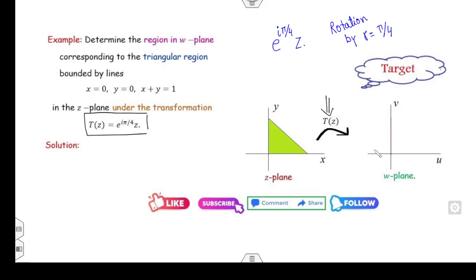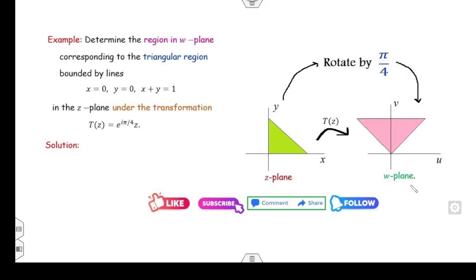So can you predict the graph? That means this line is rotated by 45 degrees. The line Y is equal to 0 is rotated by 45 degrees. This line is also rotated by 45 degrees. So that could be the expected region in the W plane after solving this problem.